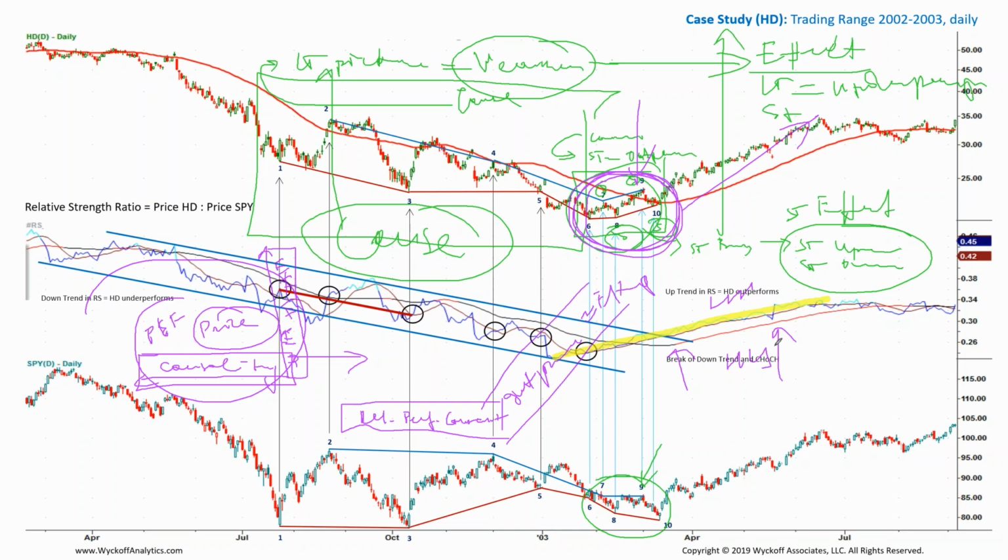Okay, following you. So then we can take this concept a little bit further. We are seeing that during the trading range, there was a lot of underperformance. This underperformance suggests that institutions were not buyers.